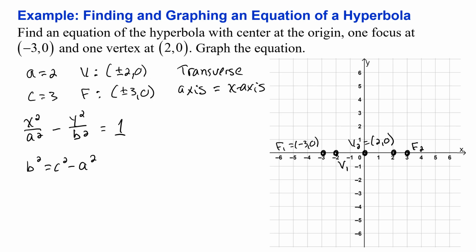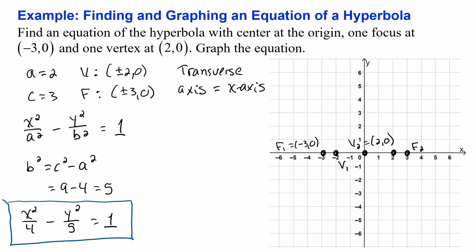Now, to find the equation of the hyperbola, we already know a squared, so we need to find the value of b squared. And we know that a equals 2 and c equals 3. Therefore, we would have b squared equal to 9 minus 4, which equals 5. Well, this allows us to write the equation of the hyperbola as x squared divided by 4 minus y squared divided by 5 equals 1. And this is the equation as requested in the problem statement.